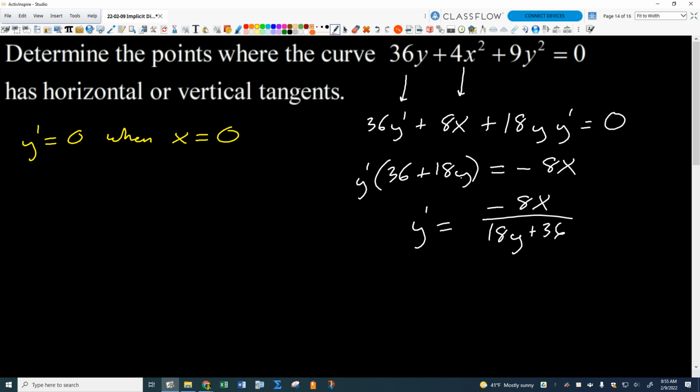Now they want us to find the points. So how am I going to use that information to find the points where that's happening? There could be one point, there might be multiple points. What could I do?